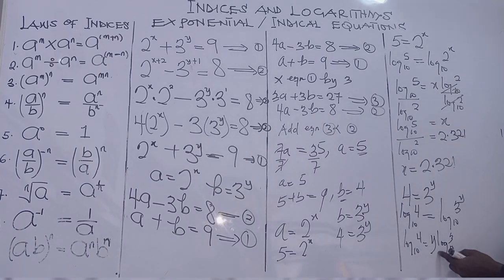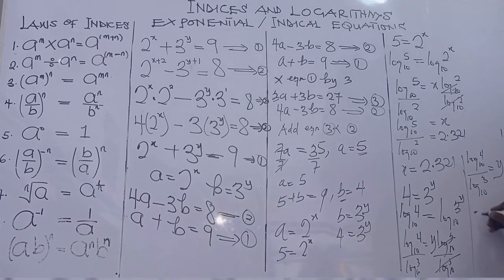We are interested in the value for y, so let's divide both sides by log 3 to the base of 10. So the whole of this will cancel this. We are left with this, and this is equal to y. Now when you punch this on your calculator, we have our y is equal to 1.262. So these are the two values that satisfy these two equations.